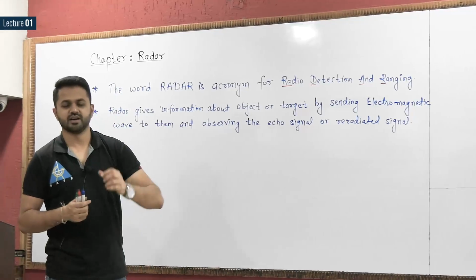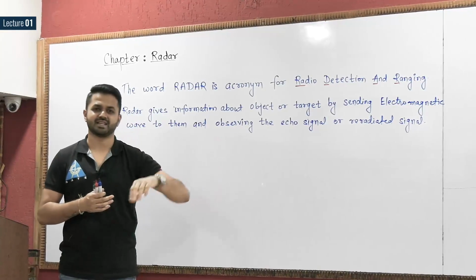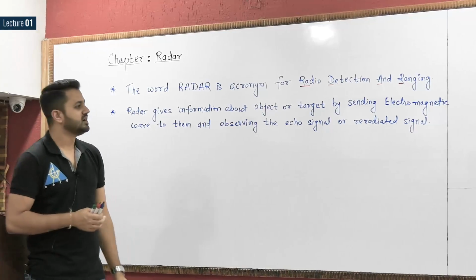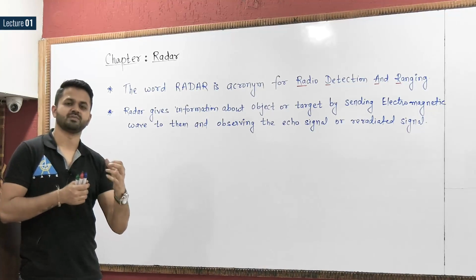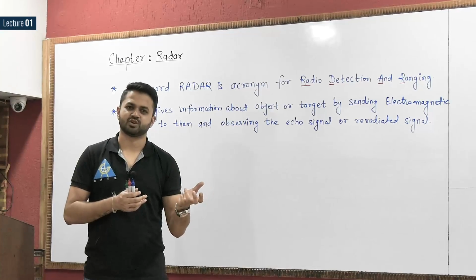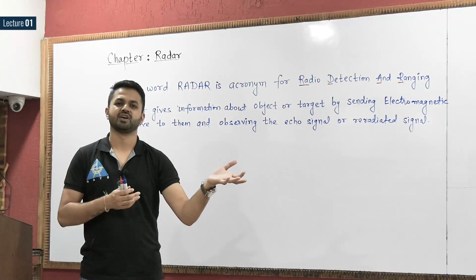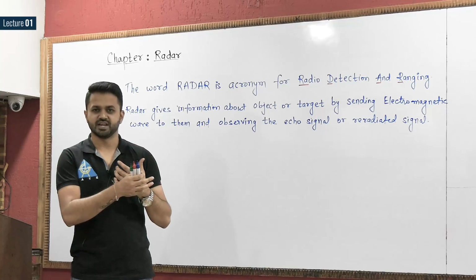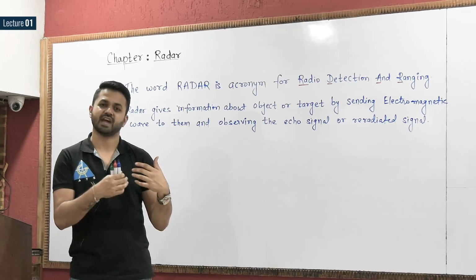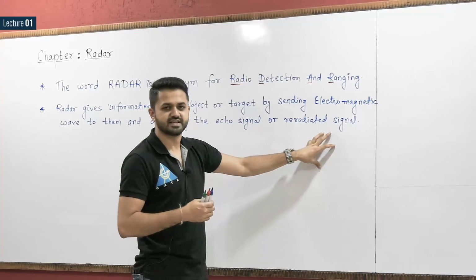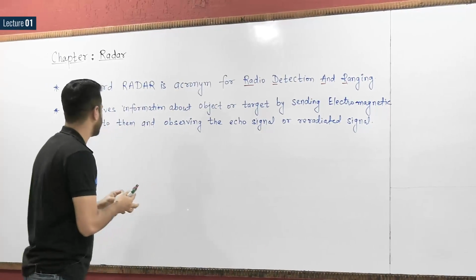The wave which is re-radiated by the target and comes back to the radar system is known as the echo signal. To get the information about the target or its range, we transmit electromagnetic wave, that wave intercepts with the target, and some part is re-radiated by the target and received at the radar station. That is known as the echo signal or re-radiated wave.